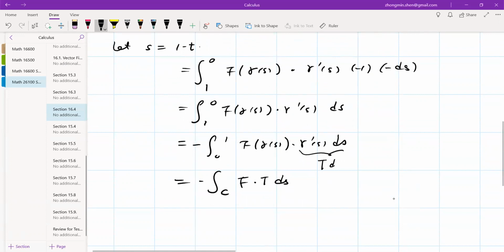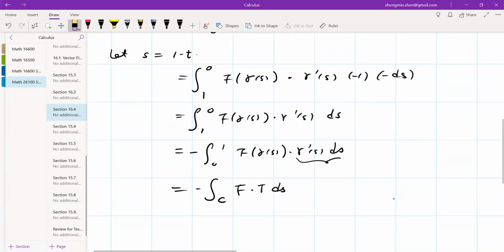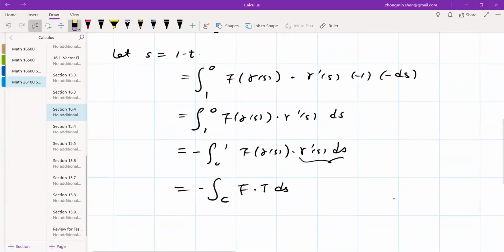Sorry, I used a t and I used an s here. Maybe I should use a tau, so that it's not confused with arc length. If I use a tau, that's much easier to understand. Let me change these variables.